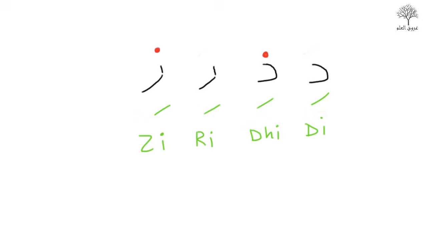Right, let's have a go at combining some letters now. So let's say we had this, and we had this. Okay, so this one has that. How would you pronounce this?